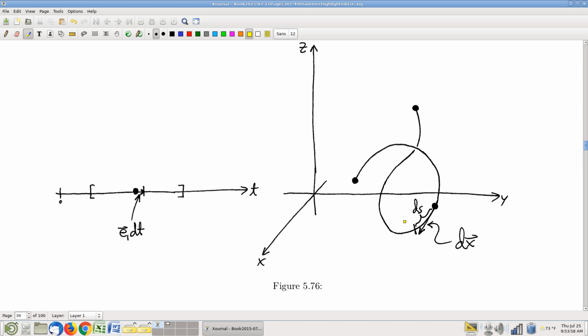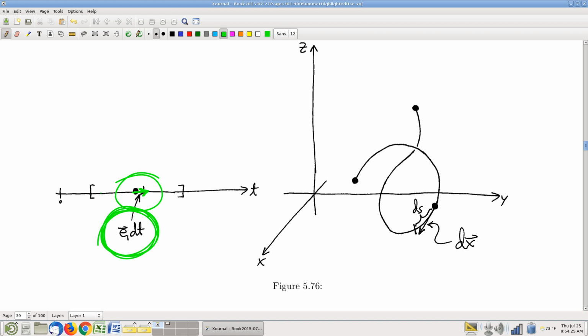Right, so this is what I'm going to do. As you move along this little piece of the domain, the change in the domain is E1 dt. E1 because there's only one standard basis vector. I could just call this dt, I suppose, but I'm calling it E1 dt because I want to emphasize that that is a vector.